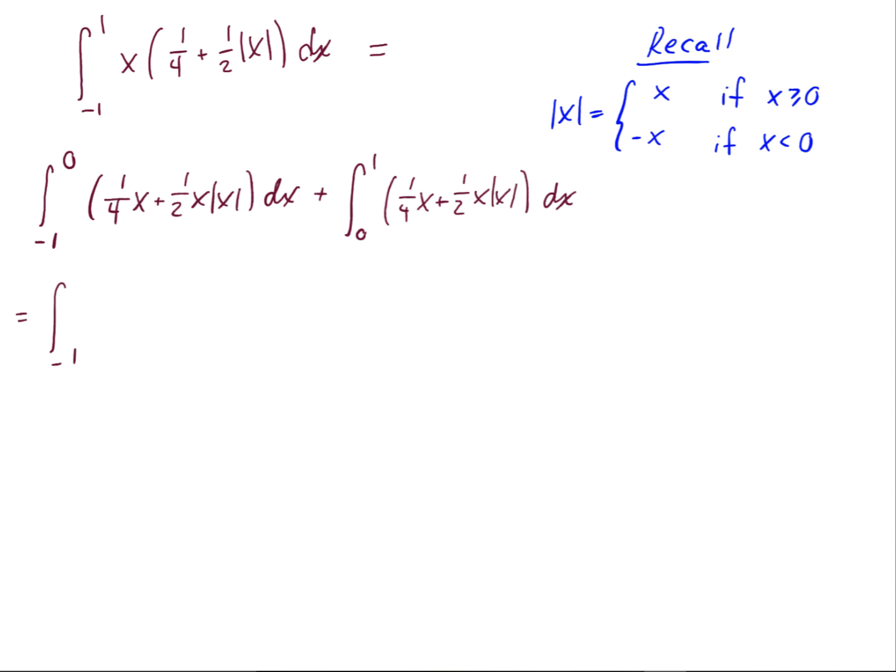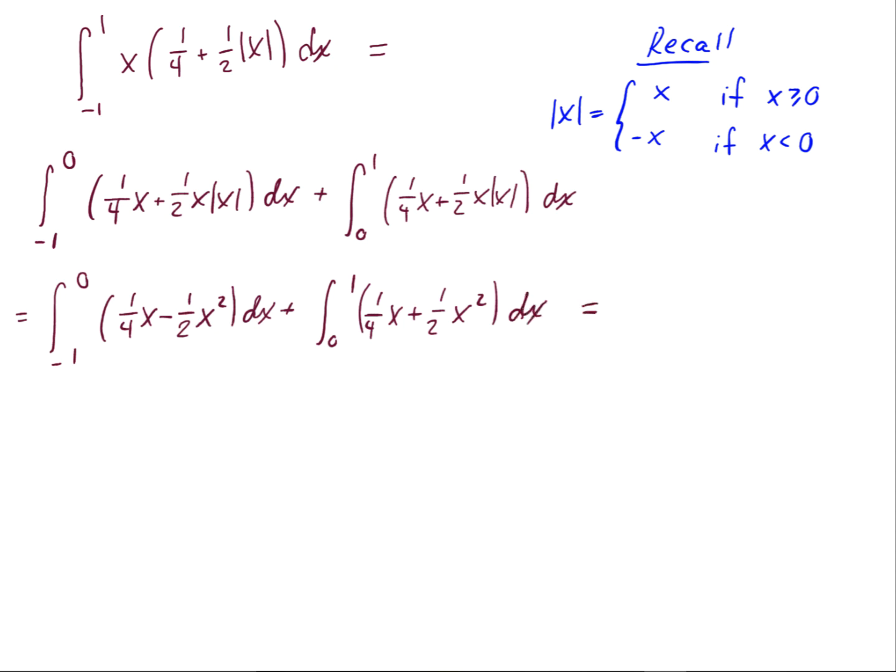When x's are negative, the absolute value is negative x. So this integral has integrand minus 1/2 x squared. When x's are positive, absolute value of x is the same as x, so this integral has integrand plus 1/2 x squared.